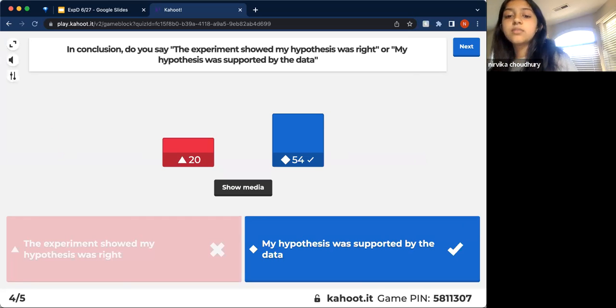Yeah, you have to say my hypothesis was supported by the data. You never say your hypothesis was right or wrong. If your hypothesis was not supported, you would just write my hypothesis was not supported as the data shows.